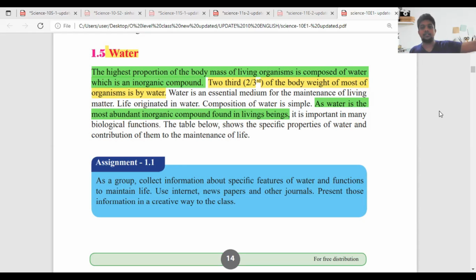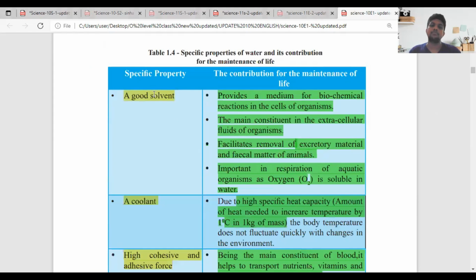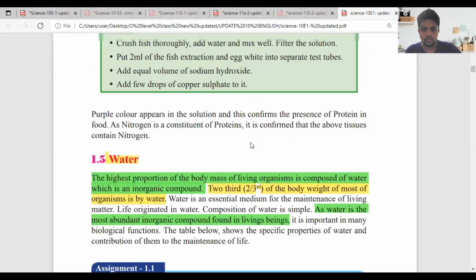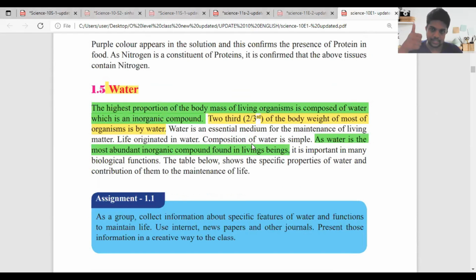All those happen based on water, because water gives the chemical basis for all these reactions to happen. Then we have to go through the specific properties of water and their contribution to the maintenance of life. All good, Daru? Anything to clarify?